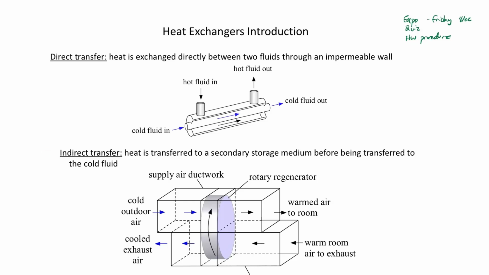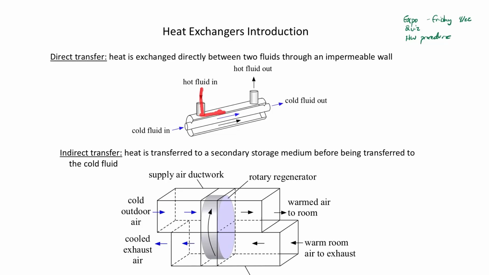The direct transfer heat exchangers are heat exchangers where you have a fluid that's directly transferring heat to another fluid. And that doesn't mean that the two fluids are coming into contact with each other. It just means that when heat is lost from fluid A, it is transferred directly to a heat sink in fluid B. So in this example up here, we have hot fluid coming in.